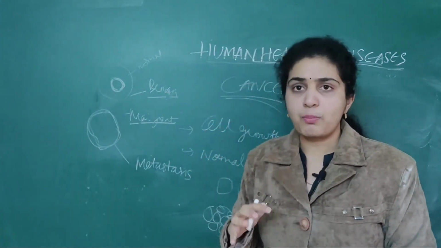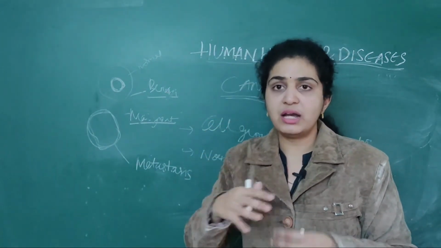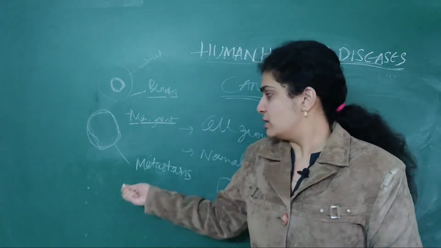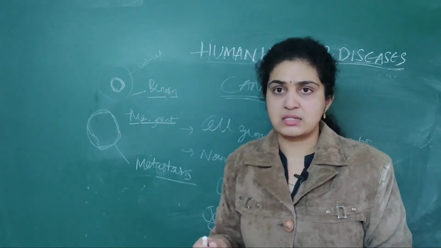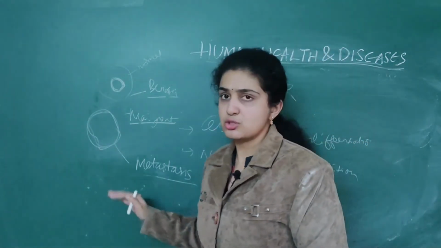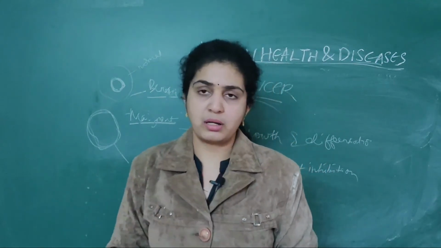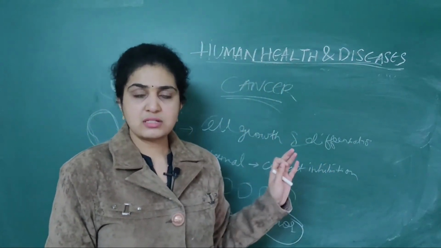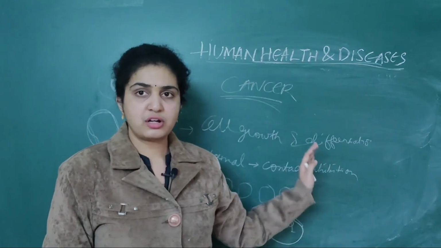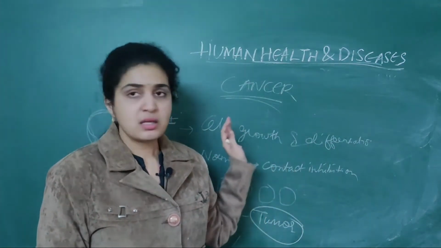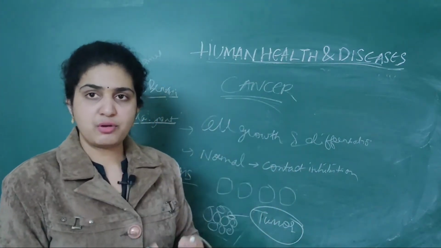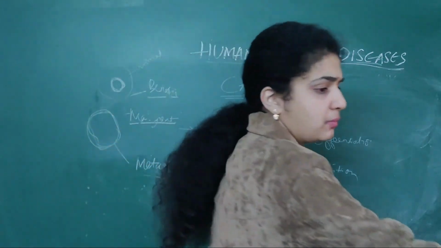And this property of invading the surrounding tissue is also called metastasis. So that we have discussed. Till now in cancer, we have discussed the modes of transmission as well as how it spreads from one person to another.